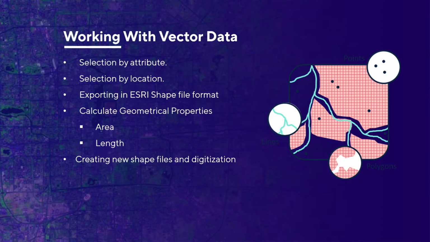Also, we'll learn about calculating some geometrical properties, that may be area or length, etc. After that, we'll also work on some digitization. We'll use satellite imagery and digitize the data available on our image. So we'll create some point, line and polygon through the digitization process.